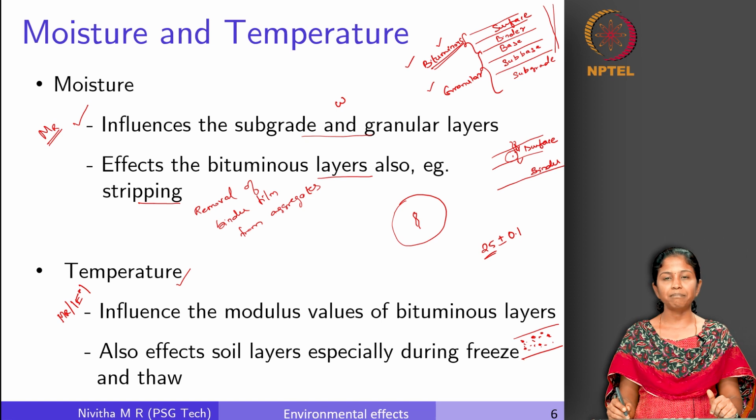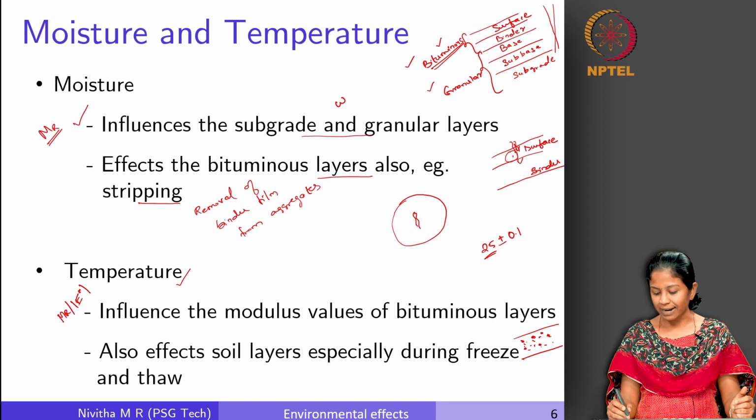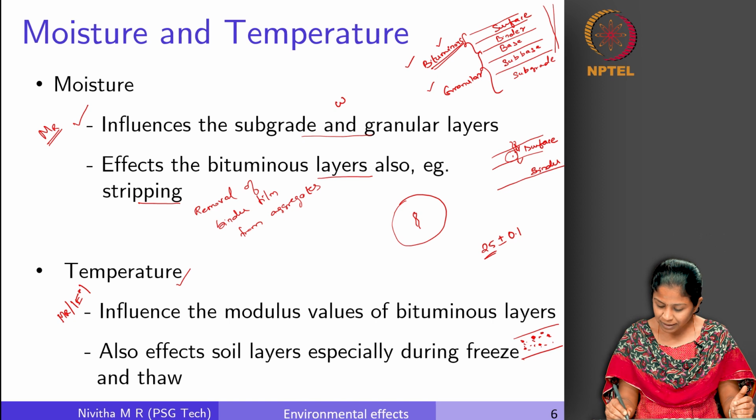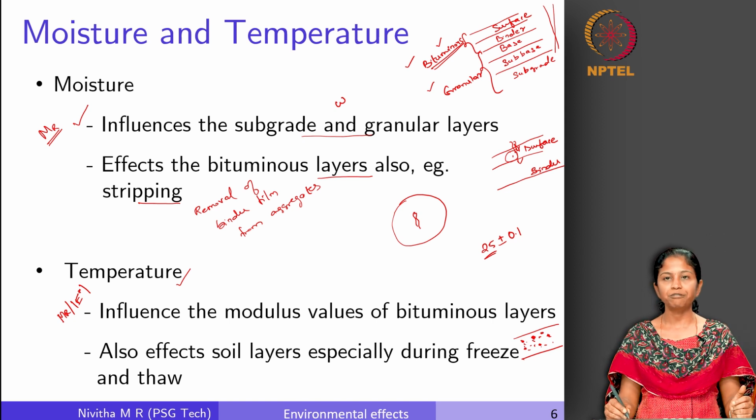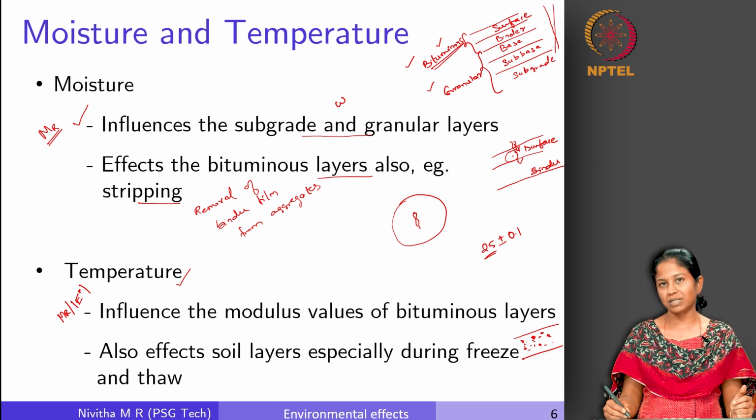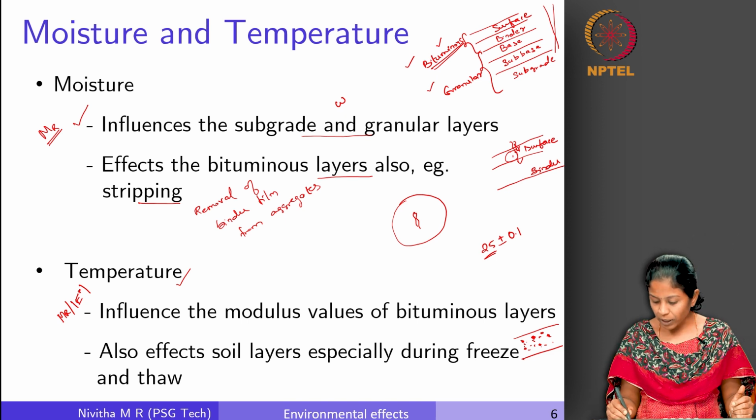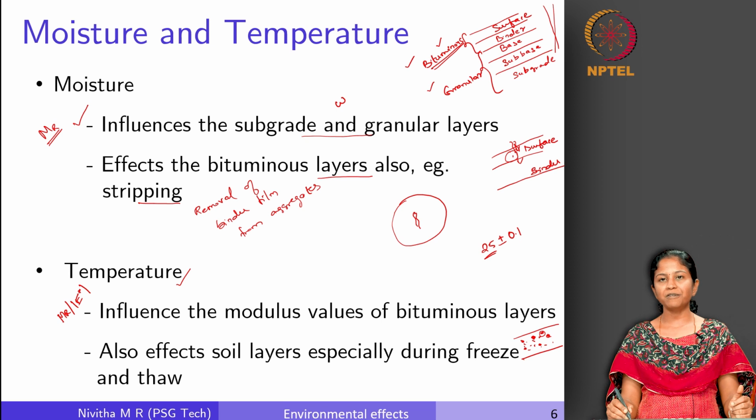Once the air temperature reduces below a certain value, let us say it goes to sub-zero temperatures, the water present in these voids is going to freeze. Because of this freezing condition, we are going to have ice formation in these voids, and the modulus of the layer is going to increase substantially. So that is one influence of temperature on the granular layers.